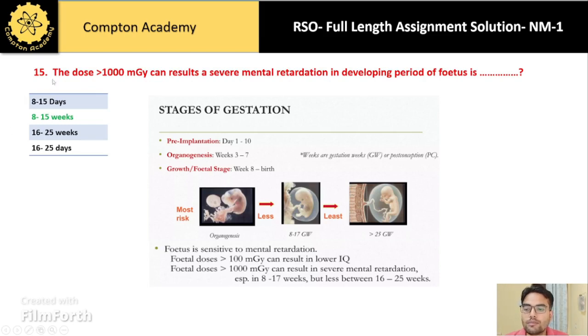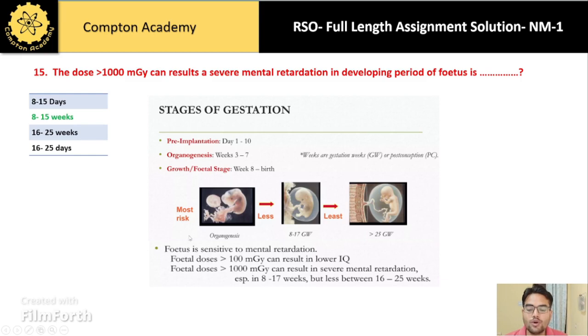Now question number 15: a dose greater than 1000 milligray can result in severe mental retardation in which developing period of the fetus? Here the stages of gestation have been mentioned. Pre-implantation occurs from day 1 to 10, organogenesis is week 3 to 7, and the fetal growth stage can be divided into two portions, week 8 to 15 and week 16 to 25.